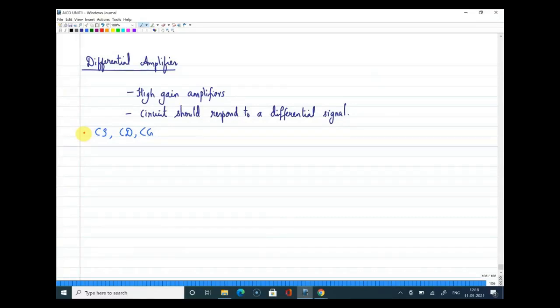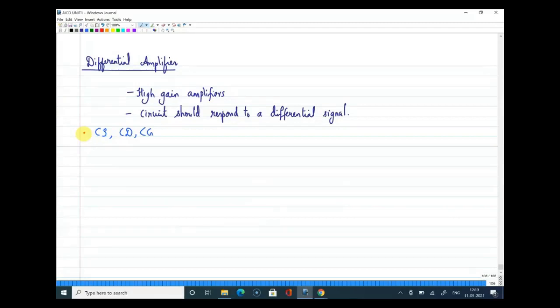We know about three configurations: CG, CS, and CD. All right. Yeah, Akash, you believe CG is a good option. Ayushi, yes, your answer is either CS or CG. Yes. Any other options?